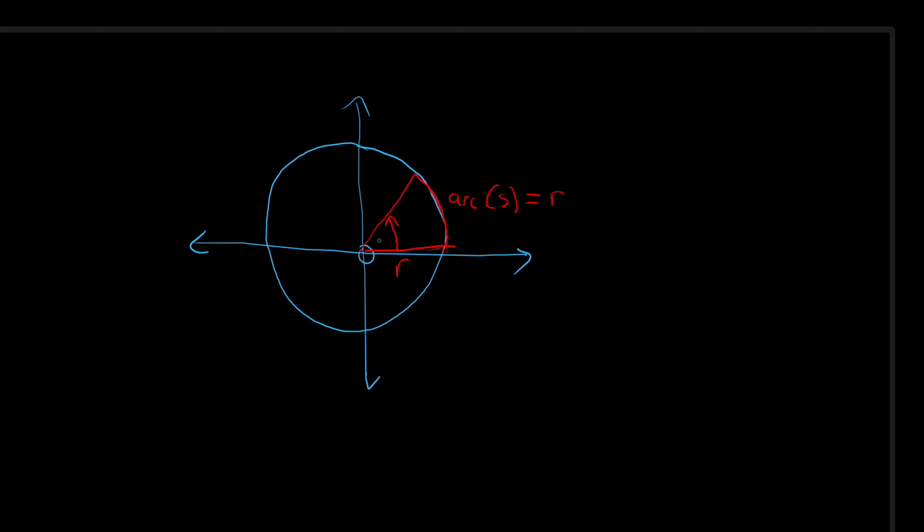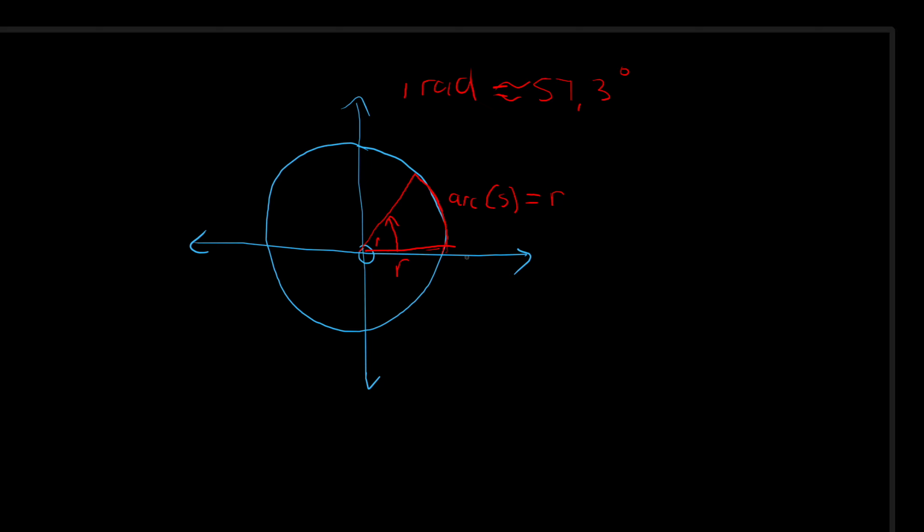So 1 radian works out to be more or less 57.3 degrees. That's approximate.